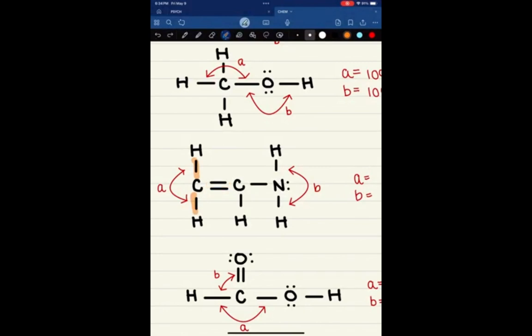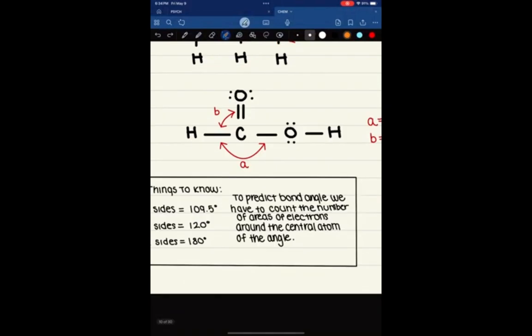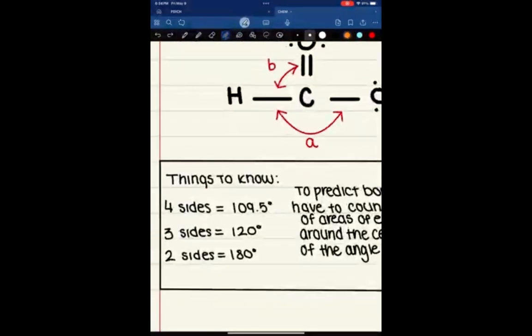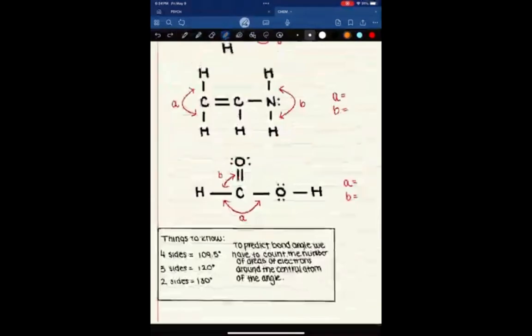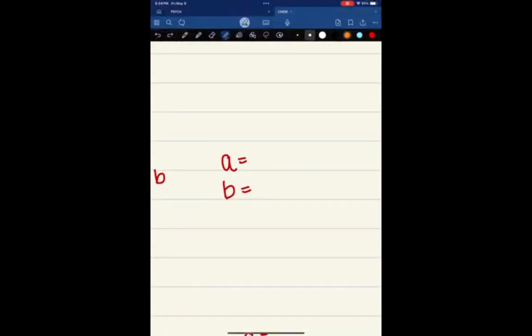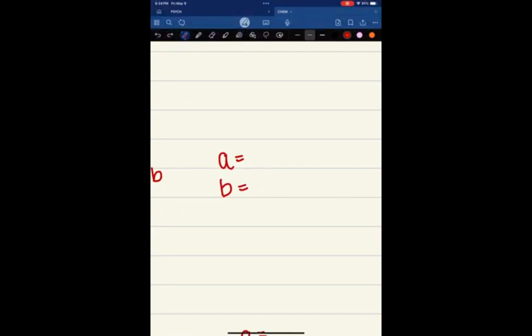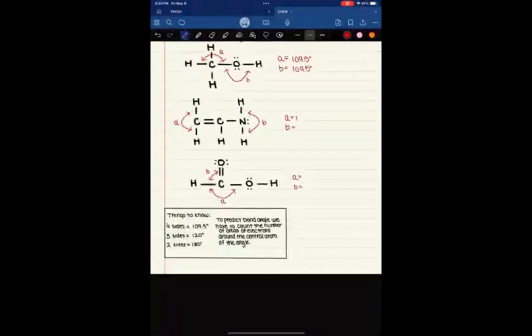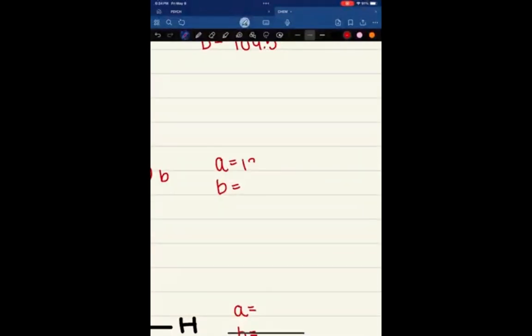So for 3 sides or areas, we are going to have 120 degrees as our bond angle. So for angle A, it's going to be 120 degrees.